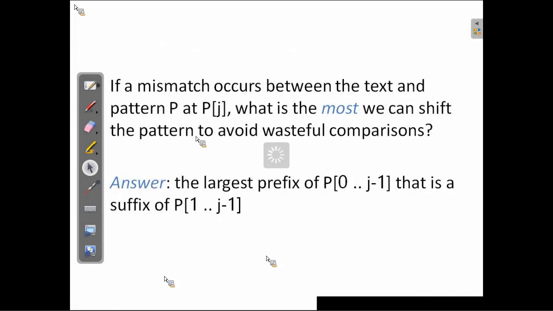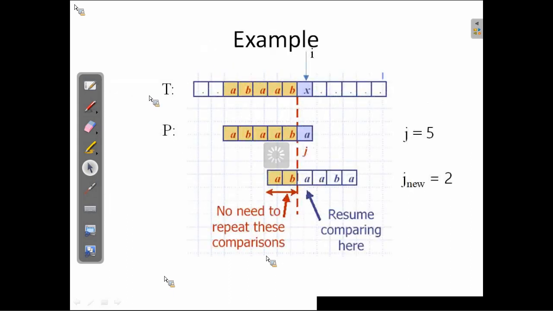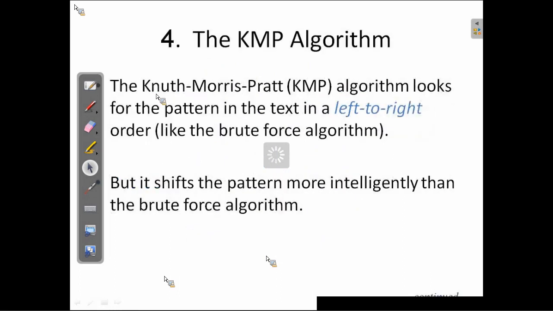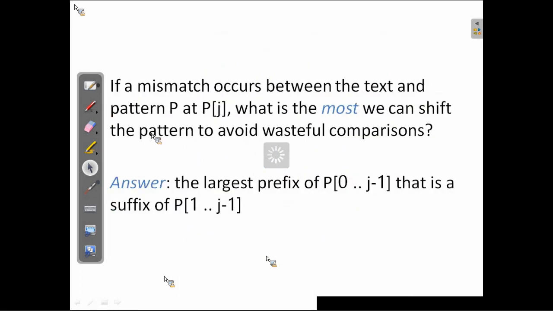Now, if a mismatch occurs between the text and pattern at P and pattern P at Pj, so at that particular point, the mismatch occurred. What is the most we can shift the pattern to avoid wasteful comparison? So the trick is to avoid wasteful comparisons in the pattern.